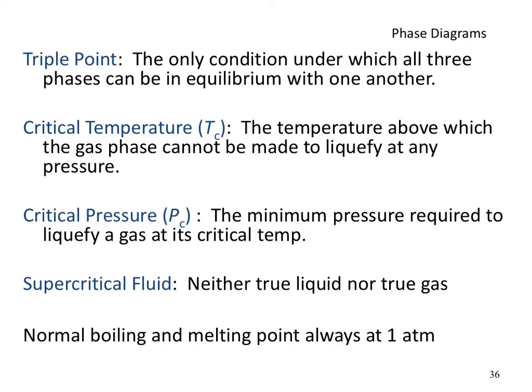So like I was saying, the triple point is the point where all the three phases can coexist. Critical temperature is the temperature above which the gas phase cannot be made to liquefy anymore, while critical pressure is the minimum pressure required to liquefy a gas at its critical temperature. And past that point where the supercritical fluid exists, it's neither a true liquid nor is it a true gas.